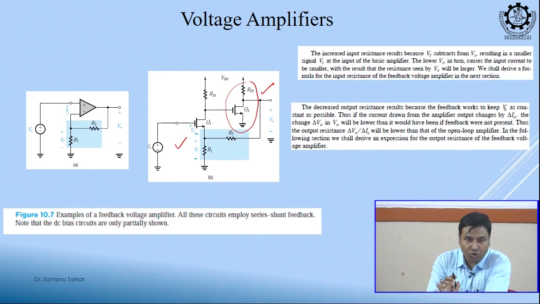Common source, source is common. What is the gain of a common source amplifier? Minus gm RD. So, this output node is what? Voltage. You are taking a portion of that voltage and subtracting from the input side. So, this is voltage sampling, voltage mixing. Okay.